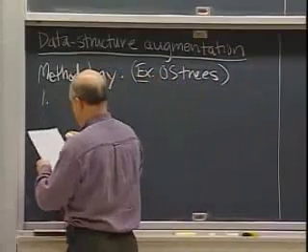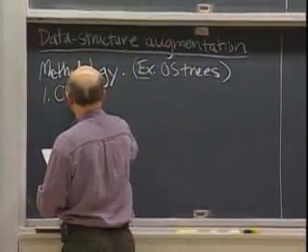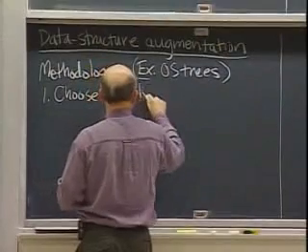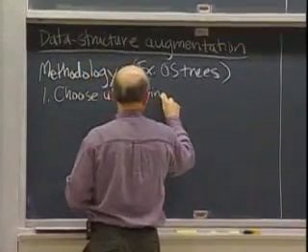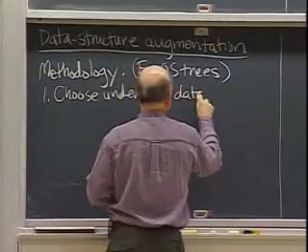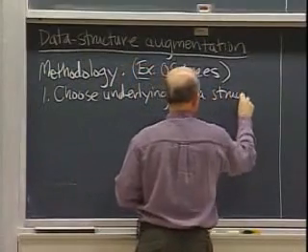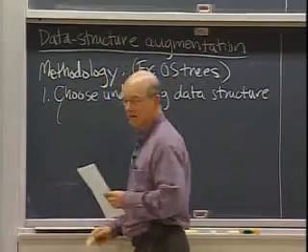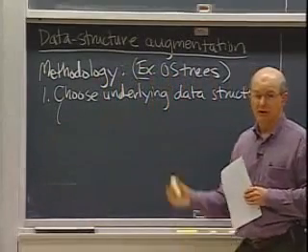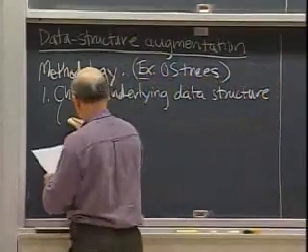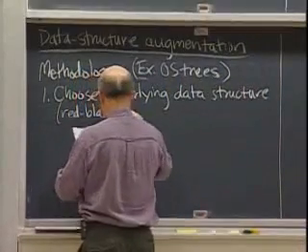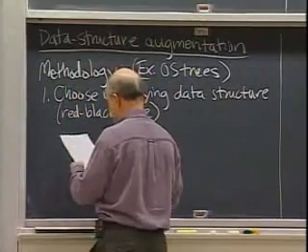So it's 4 steps. Okay, the first is we choose an underlying data structure, which in the case of order statistics trees was what? Red-black tree. Okay.